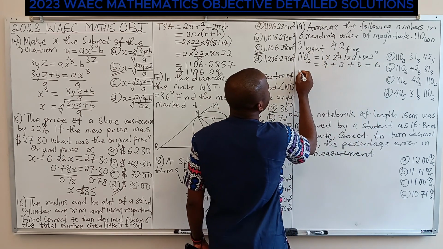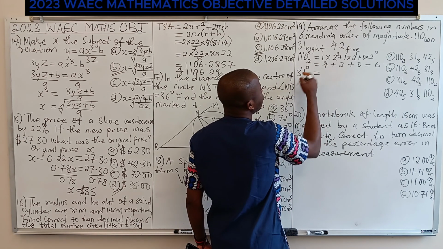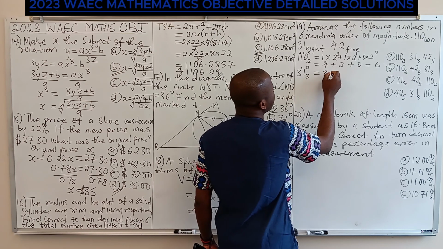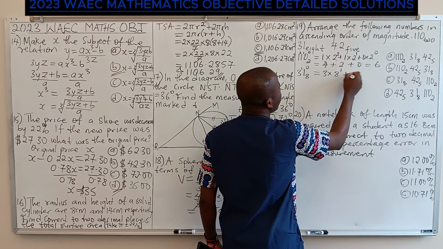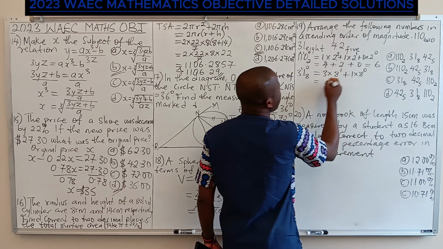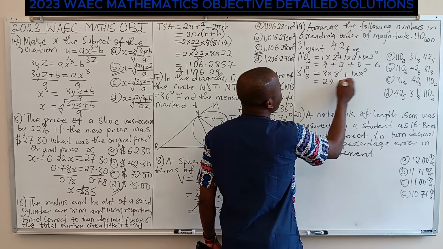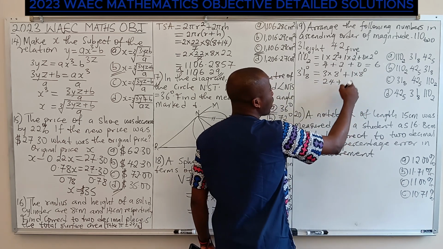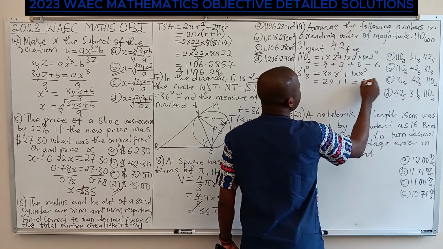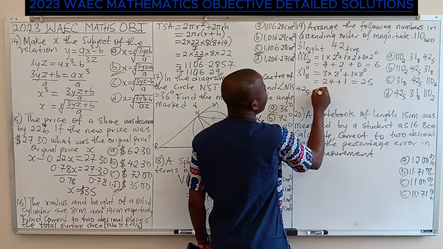For the second one, 31 base 8, it will simply be 0, 1. 3 times 8 to the power 1 plus 1 times 8 to the power 0. 8 times 3 is 24. 8 to the power 0 is 1. 1 times 1 is 1. And this is 25. And the final one is 42 base 5.